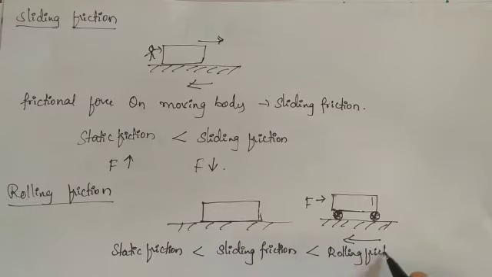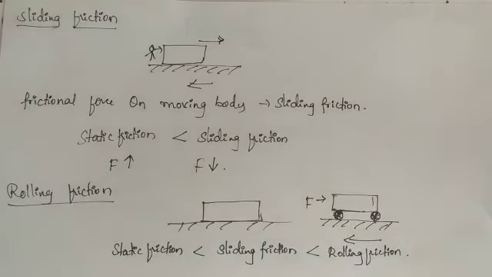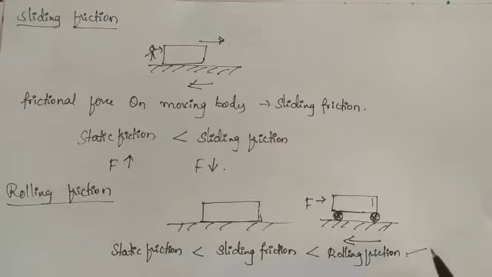Because compared to the sliding friction, the force which I am applying when I have replaced it by a wheel is less. So the force I apply in rolling friction is less compared to sliding friction, which is less compared to static friction. So I can replace static friction by sliding friction by rolling friction.